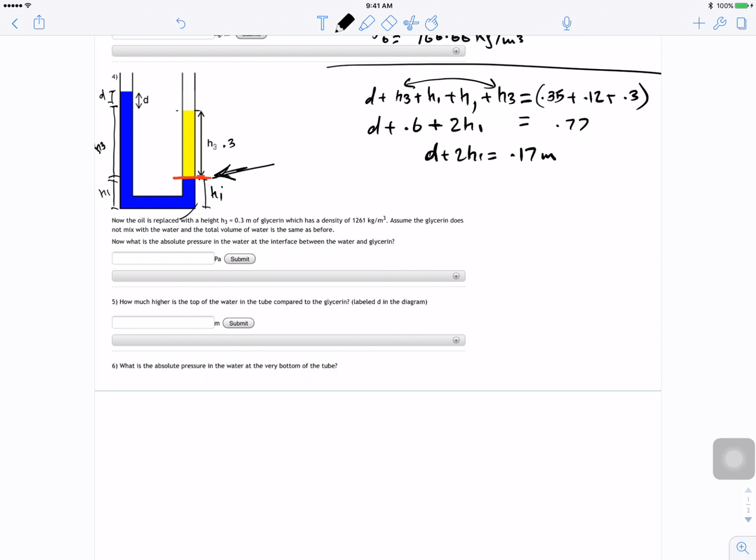The way to do that is ρ of the oil times g times H3 plus 101,300. So that's 1261, the density of the oil, times 9.81 times 0.3 plus 101,300. That will give us 105,011.34 Pascal.